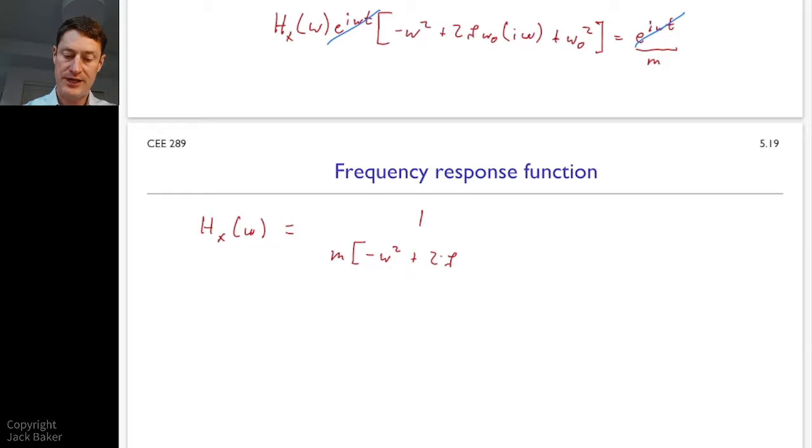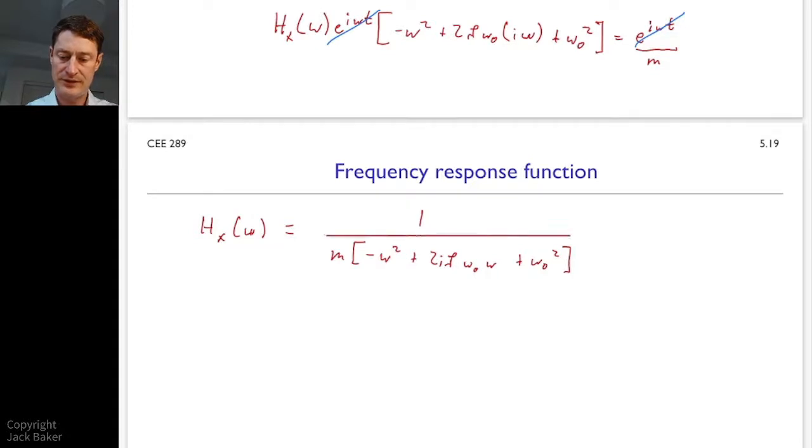Let's rearrange. Let's pull the i out in front since it's not a variable. So 2i zeta omega naught omega, and then we have a plus omega naught squared. We could rearrange this a little further.